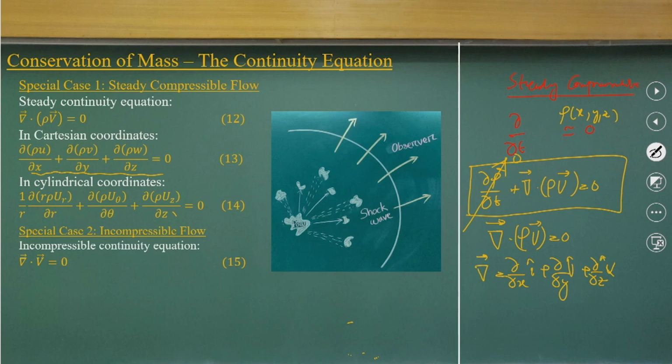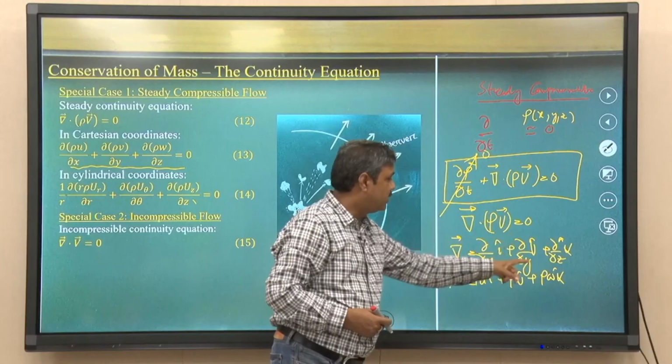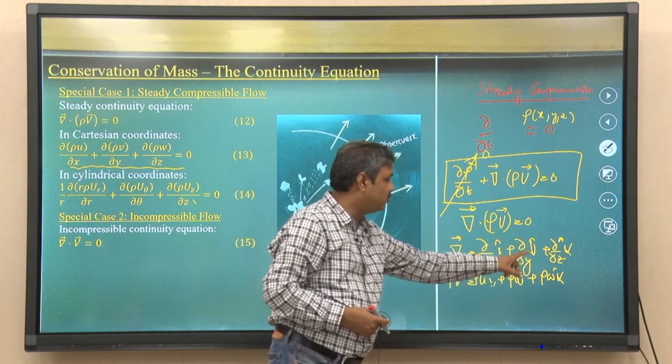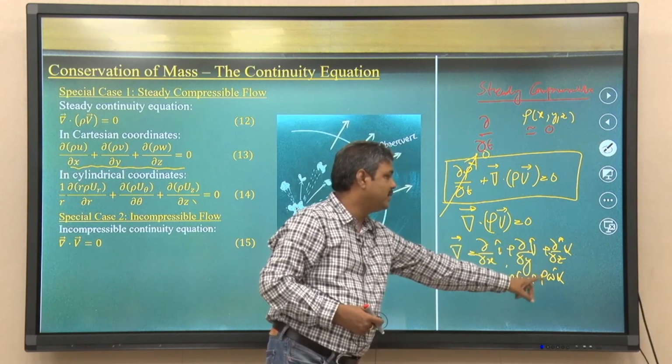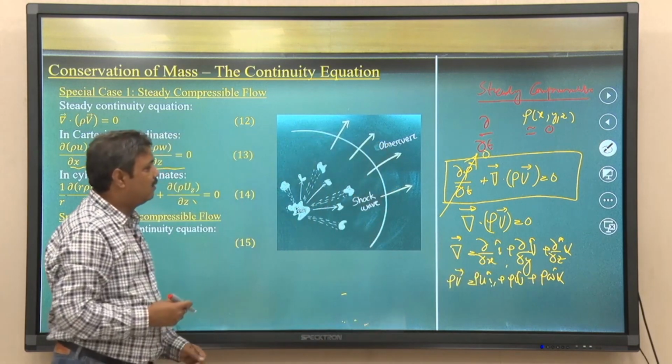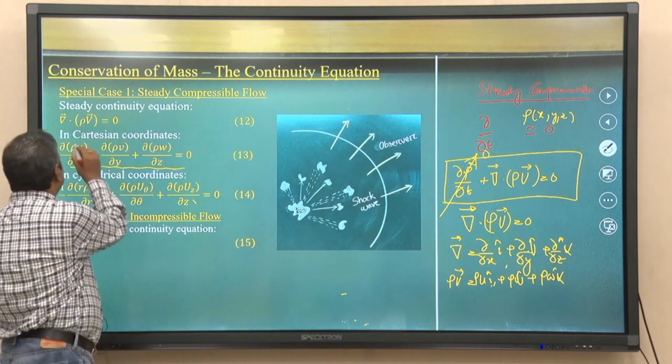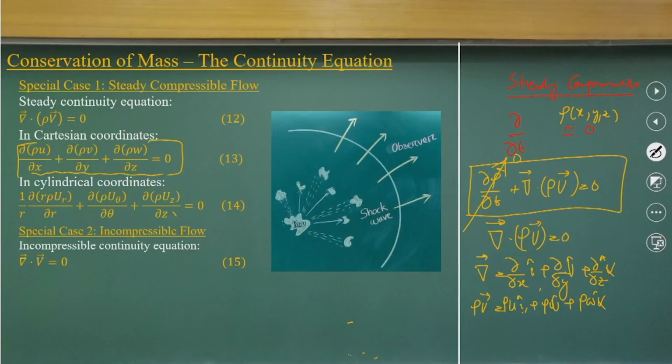The mass flux vector you can write as rho u i, rho v j and rho w k. You know that i dot i is 1, i dot j is 0, i dot k is 0, j dot i is 0, j dot j is 1 and k dot k is 1. So if you take the dot product of these two, you will get this part. That is my point.